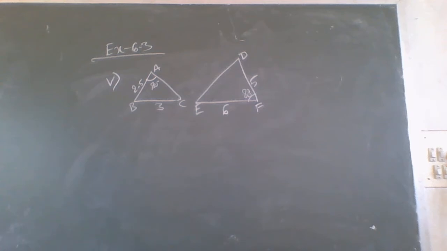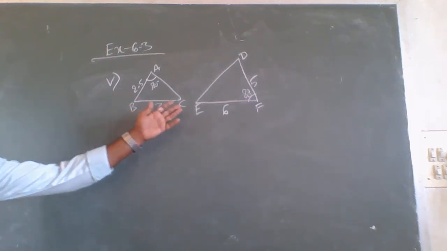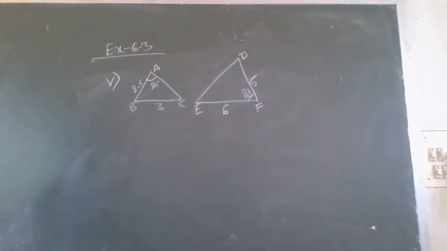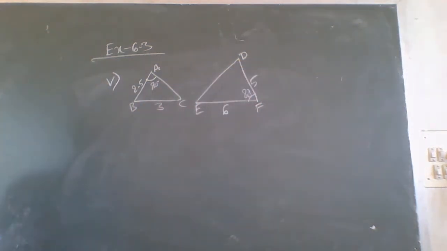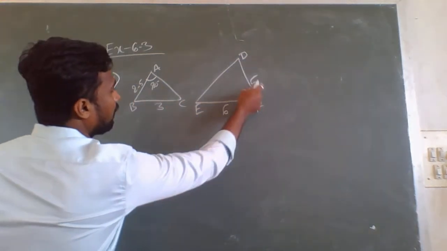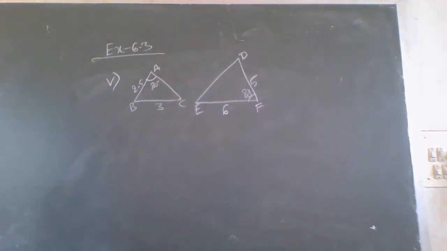Here they are given again the lengths of two sides in both triangles and the size of one angle. We can consider AB by DF, which is 2.5 by 5, and you will get 1/2.